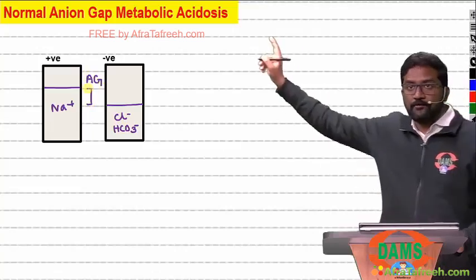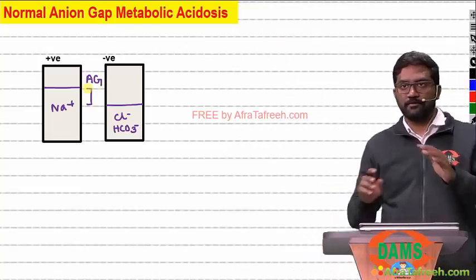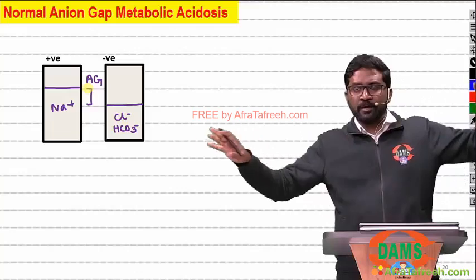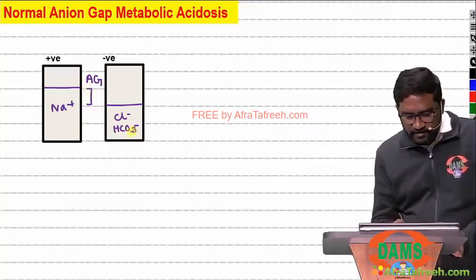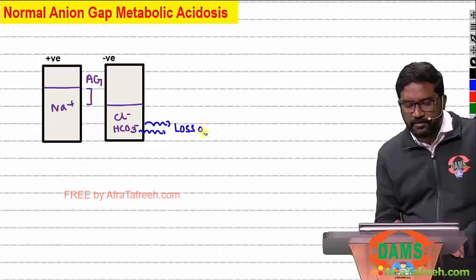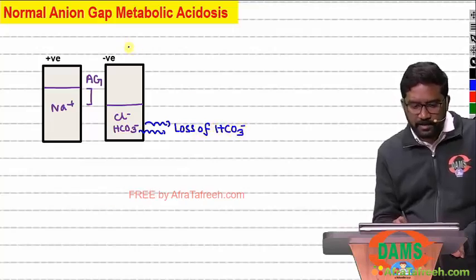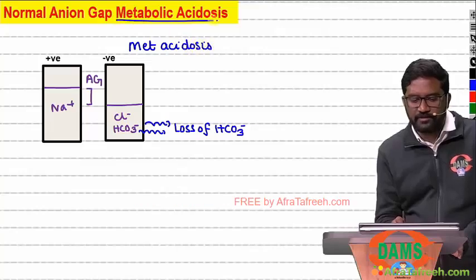Now for development of normal anion gap metabolic acidosis, it is not due to addition of acid. Because of some disease, there will be loss of bicarbonate from your body. Because bicarbonate is lost, this phenomenon is called as metabolic acidosis.